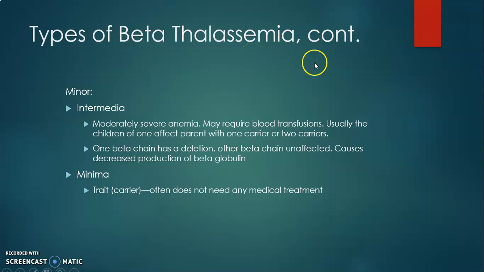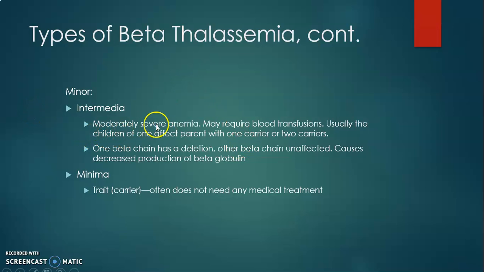The other type of beta thalassemia is the minor. The minor is actually broken into 2 different types. There's the intermedia, which is the moderate to severe anemia. That's when one parent is affected, or one affected parent mates with a carrier, or 2 carriers.